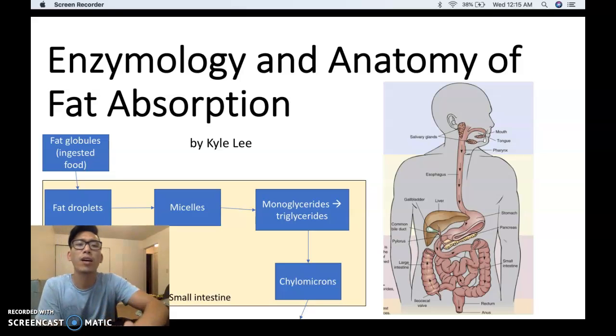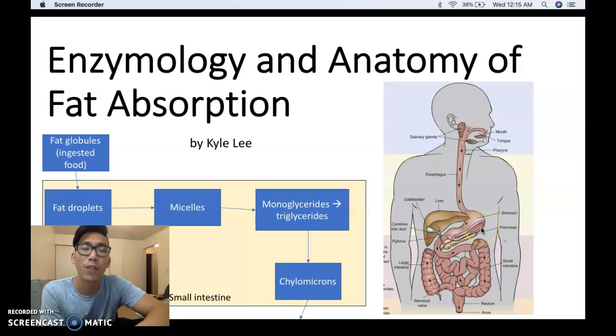Through the process of chewing and swallowing, chewed up food, otherwise known as bolus, will flow through the esophagus. The esophageal sphincter will open, allowing bolus to enter the stomach.